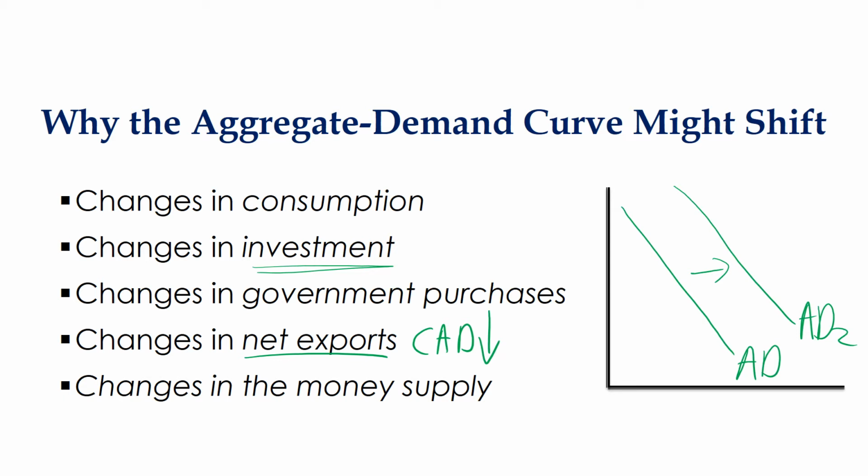But the most interesting one here, and it reminds us that we are in the short run, is changes in the money supply. Yes, that's right. When the Bank of Canada increases the money supply, that shifts the aggregate demand curve to the right. Most of the time, this has to do with interest rates. When the Bank of Canada increases the money supply, there's more money to borrow, so interest rates will come down.